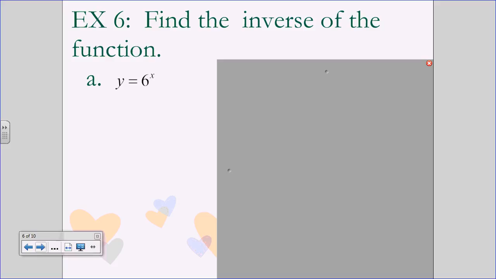If I get to the end and I don't have a log, I did something wrong. The same is true the other way around. If I start with a log, I should end up with an exponential. So I'm going to make that note to myself: I'm going from an exponential to a log, so my answer better have a log in it. Okay. So the first thing, I am going to switch x and y.